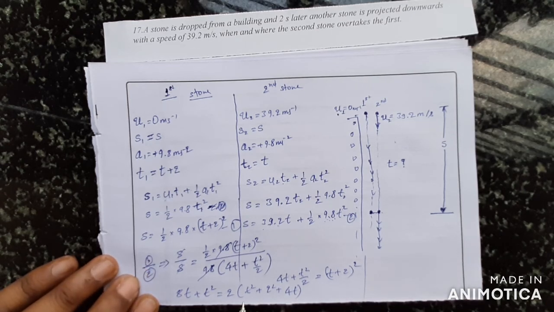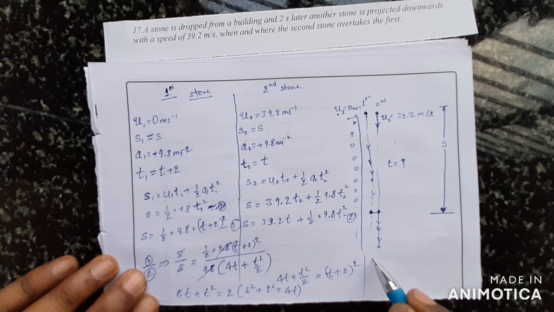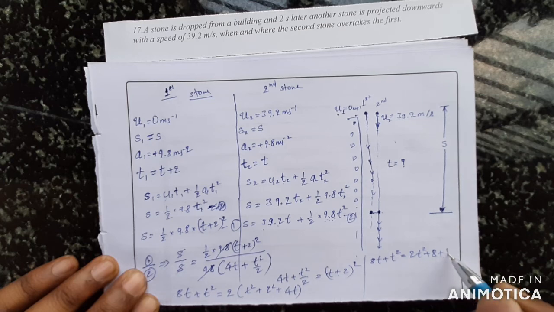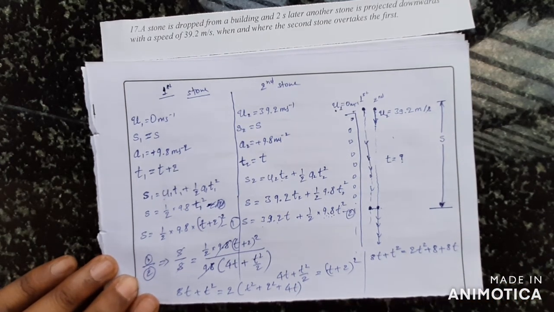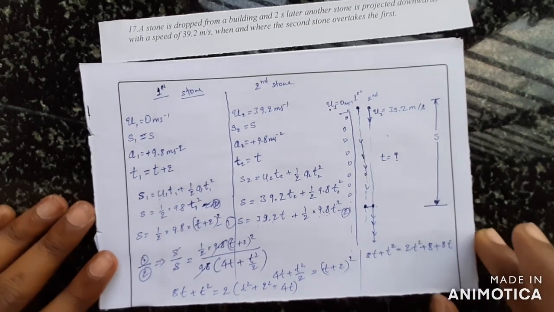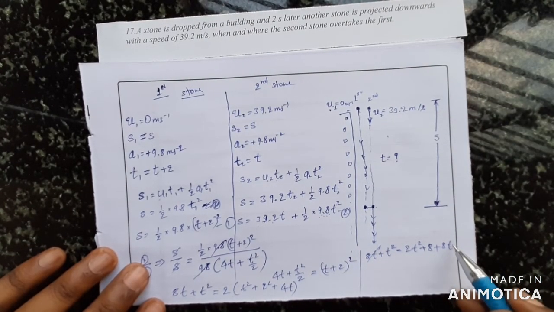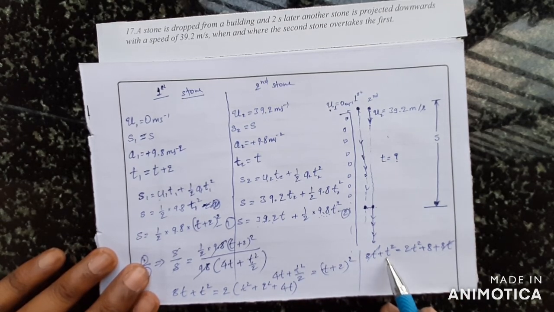You will get a quadratic equation. You have to solve this. It will be 8t plus t squared is equal to 2t squared plus 4 to the 8 plus 8 for 2 for the 8t again. And now it will become easy. 8t got cancelled. And 2t squared minus t squared is 1t squared.